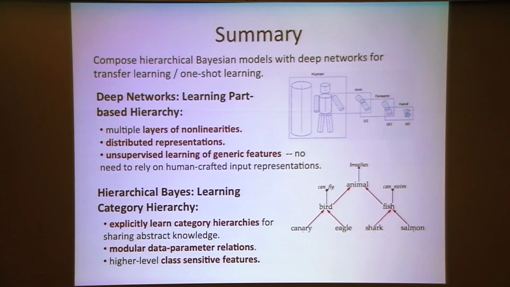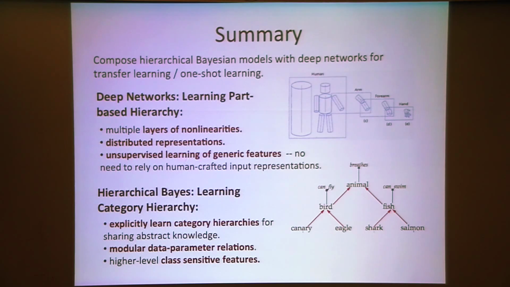So just as a summary, what I've talked about today is this notion of composing hierarchical Bayesian models with deep networks, in particular for applications such as transfer learning. I wanted to re-emphasize that I think of deep networks as learning part-based hierarchies. It has a number of advantages.